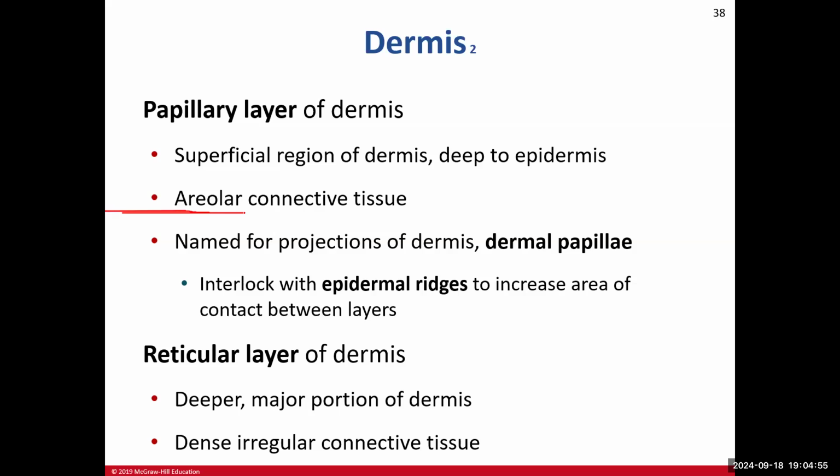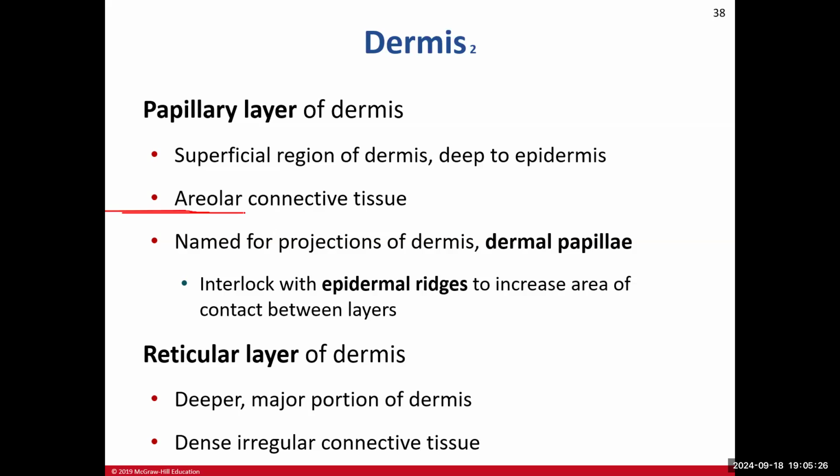Because remember, your epidermis is made up of epithelial tissue. One of the characteristics of epithelial tissue is it's avascular. So your epithelial tissue in the epidermis does not have its own blood supply. Without a blood supply, whatever tissue we're talking about does not stand a chance, unless it's certain types of tissue like mature cartilage, which has a different way of getting nutrients and getting rid of wastes.